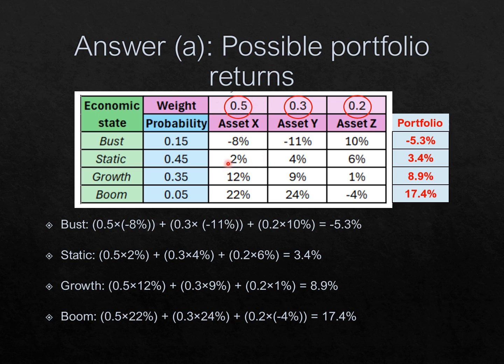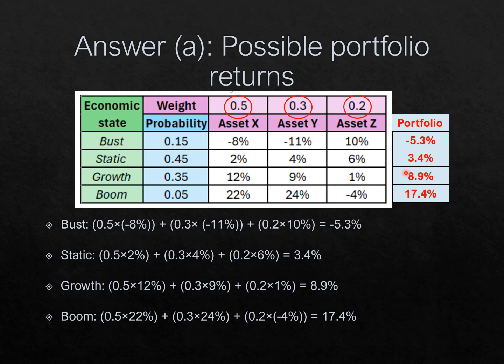0.5 multiplied by 2%, 0.3 multiplied by 4%, 0.2 multiplied by 6%, and you add them all up, you get 3.4% reflected here, right? For growth, it'll be 0.5 multiplied by 12%, 0.3 multiplied by 9%, 0.2 multiplied by 1%.